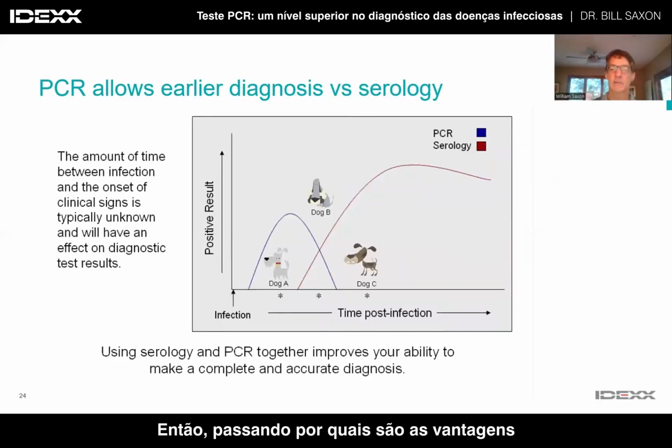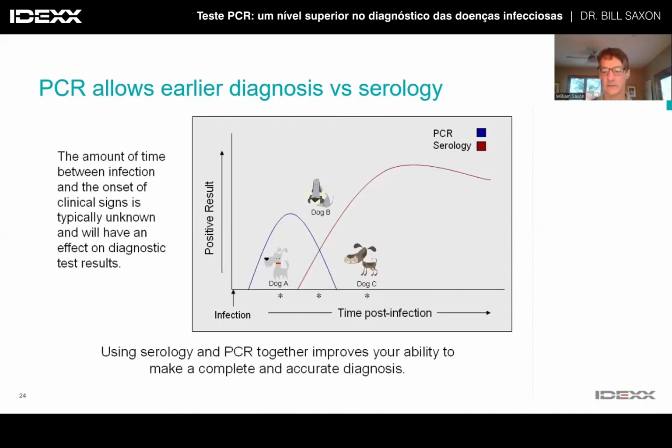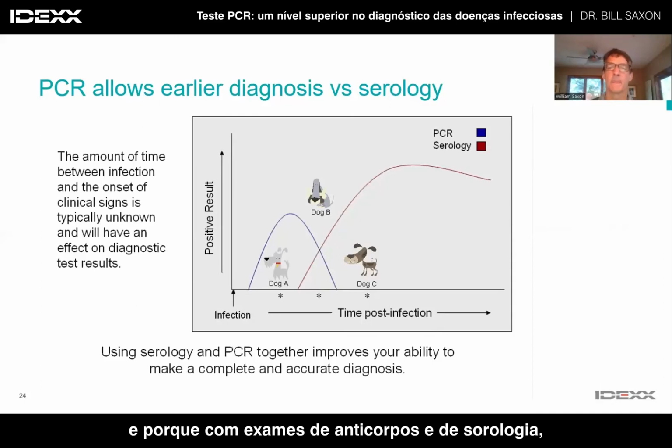So we are going through what the advantages of PCR testing over serology are, and two of them we've already discussed. It's very highly specific and very highly sensitive compared to serology. And because with antibody testing, serology testing, there's a lag time before you get a positive, PCR allows earlier diagnosis before antibodies are produced in some infections.